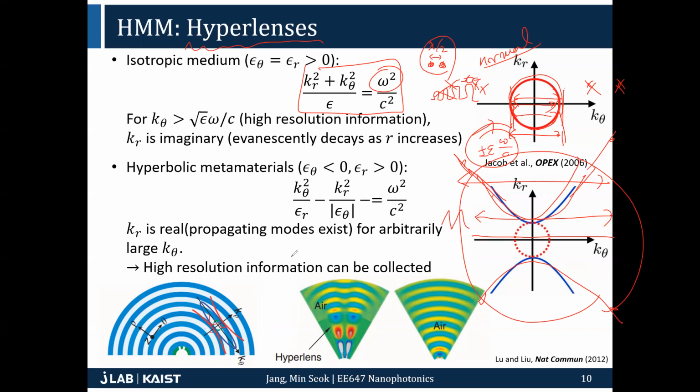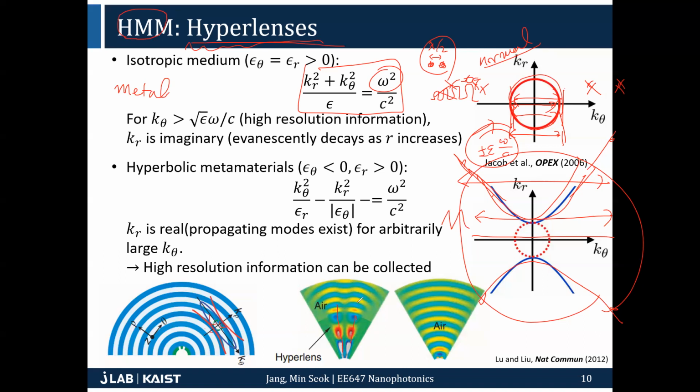So up to this point, it may sound like magic, but the problem is, of course, hyperbolic metamaterials are lossy because we have metal, right? So in practice, the wave cannot propagate forever, but decays after a few oscillations.